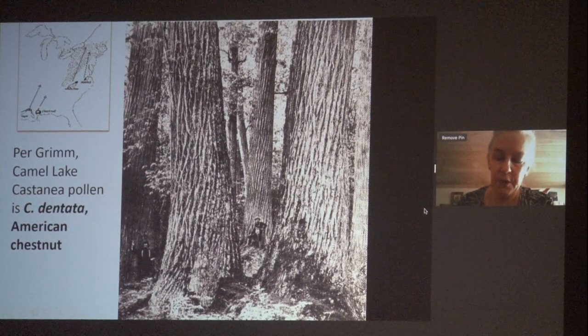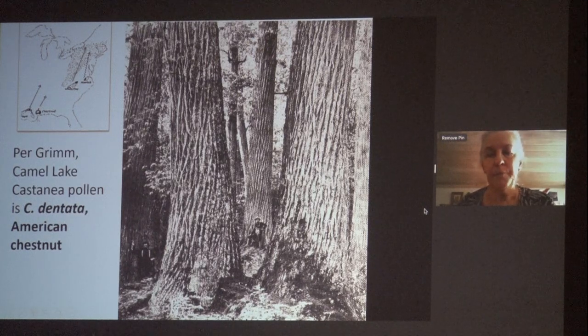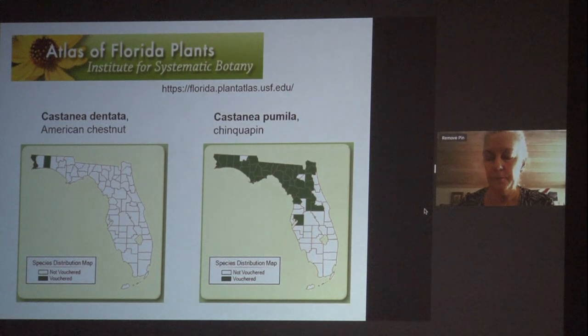There is a close relative, a congeneric of American chestnut, the chinkapin, present in the state of Florida today. And this is the chestnut range.